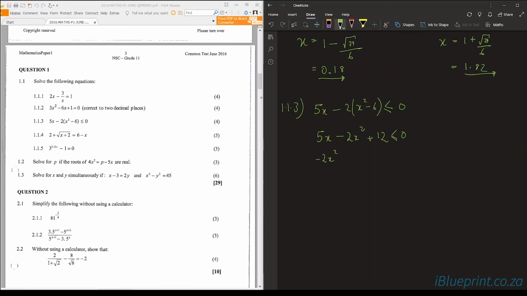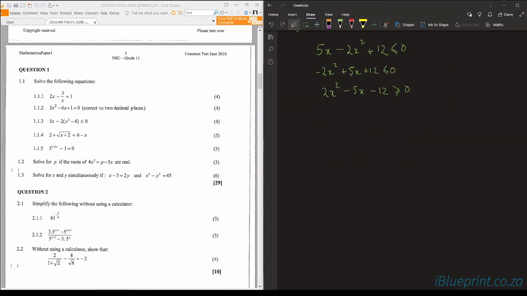Put the highest power in front. And then we take 2x squared, we're going to take negatives all through, just so that this is a positive number. And remember, with an inequality, when you take a negative, the sign flips. Right. So, what does this actually mean?